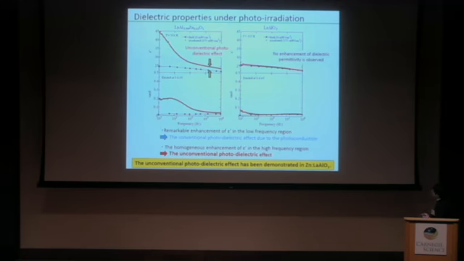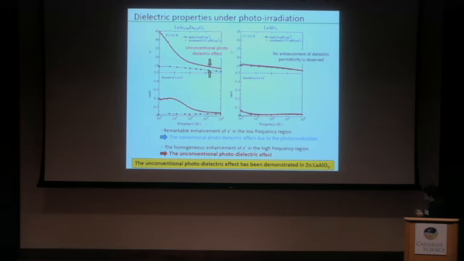These figures show the frequency dependence of dielectric permittivity and tangent delta in zinc-substituted lanthanum aluminate and pure lanthanum aluminate, respectively. The black circles indicate the results for dark state, and red circles indicate the results under the photoirradiation.